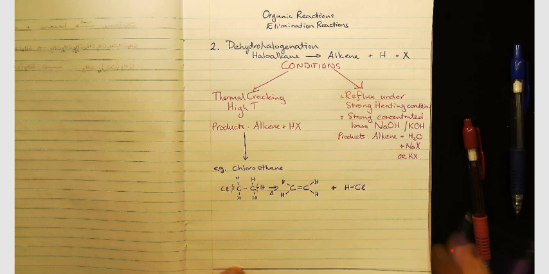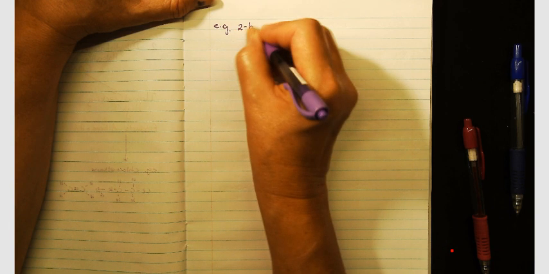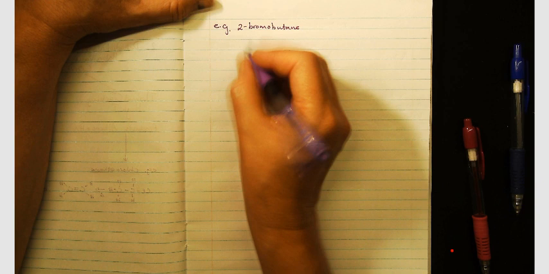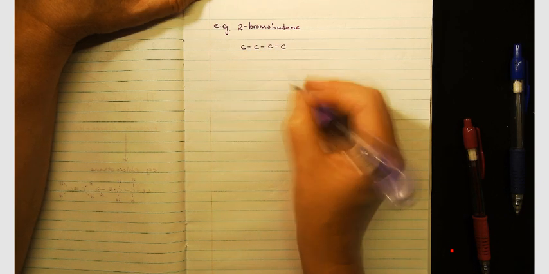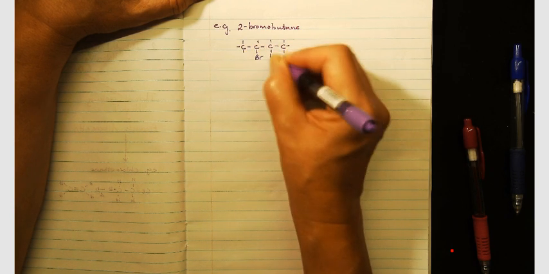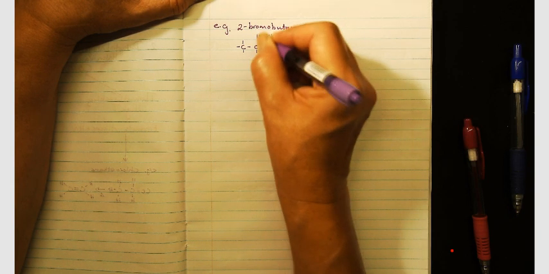Now, this is not the only example that we must be able to cope with. Let's look at 2-bromobutane. Its structural formula has 4 carbons, and the bromine is on the second carbon. The rest of the bonds are between hydrogen and carbon atoms.